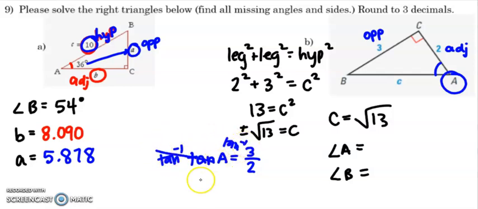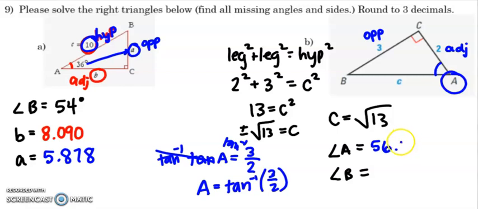So on this side, I get A, and on this side, I get tangent inverse of 3/2, which I will type in my calculator, and I end up with 56.310 for rounding purposes, and that's an angle, so that's going to have degrees.